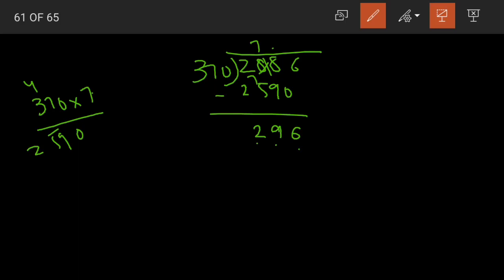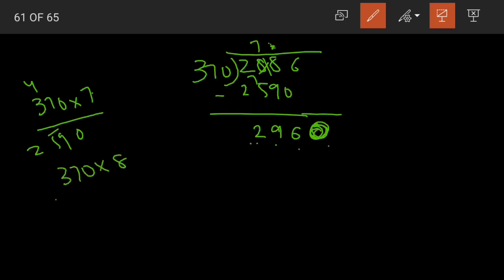In the previous example, what did we do children? We placed a decimal point in the quotient and wrote a 0. Yes, we are placing a decimal point in the quotient and writing a 0 here. The quotient has become 7 point and the remainder here has become 2960.